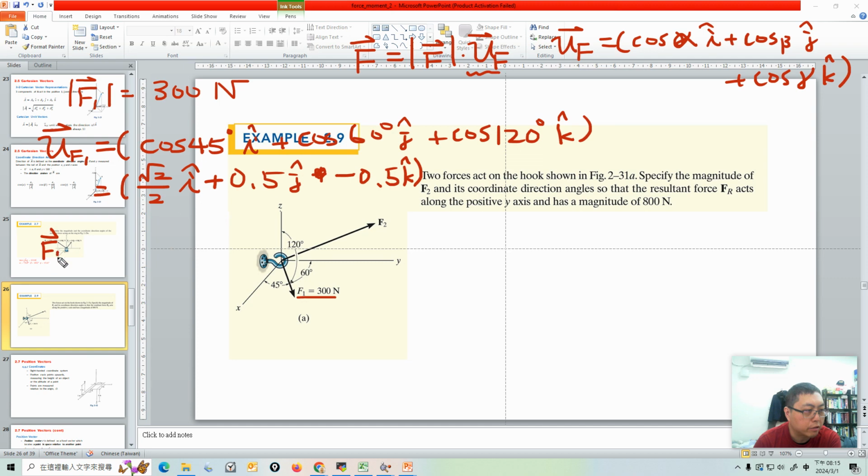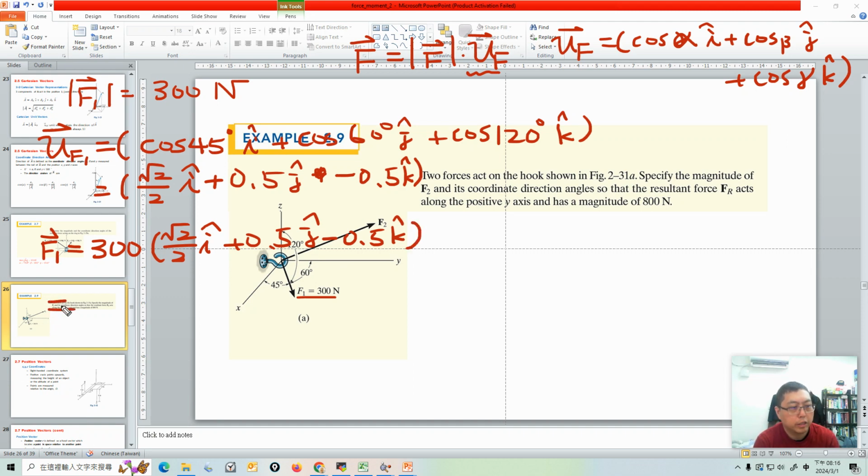The force one vector is actually 300 times its unit vector. Calculating this, it is equal to 212i plus 150j minus 150k. That's the F1 force vector.